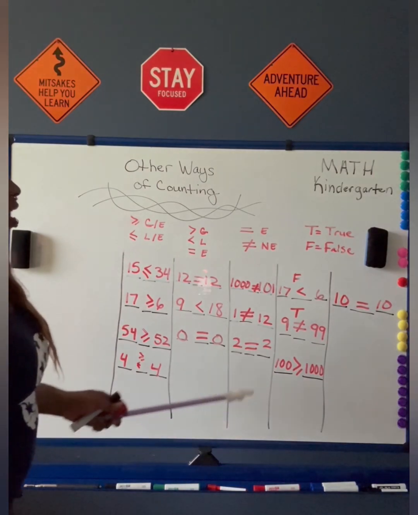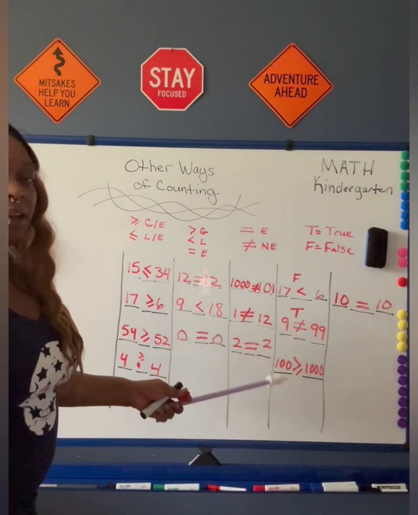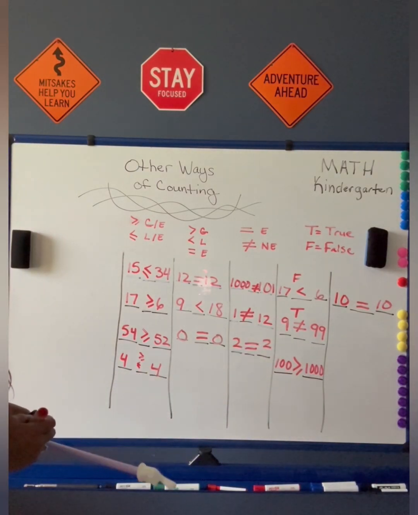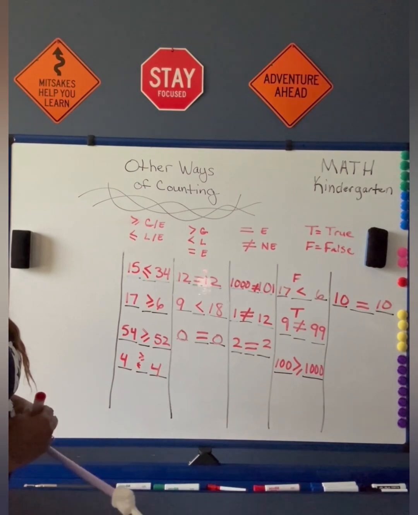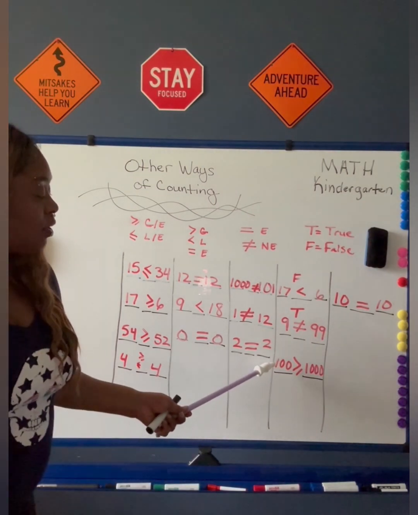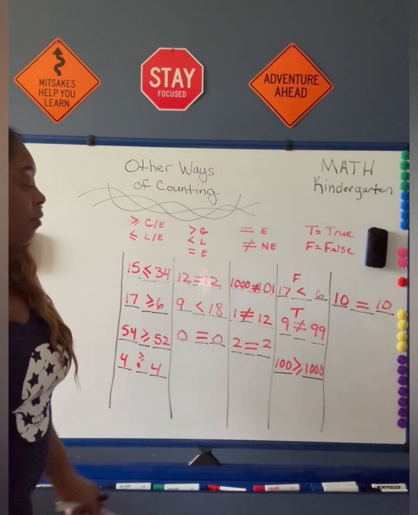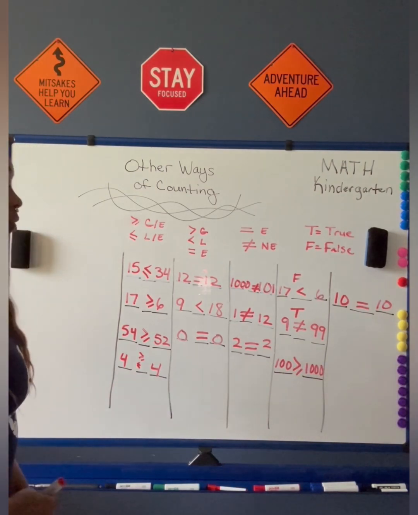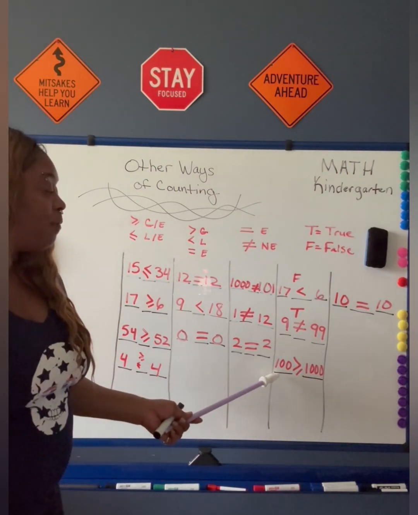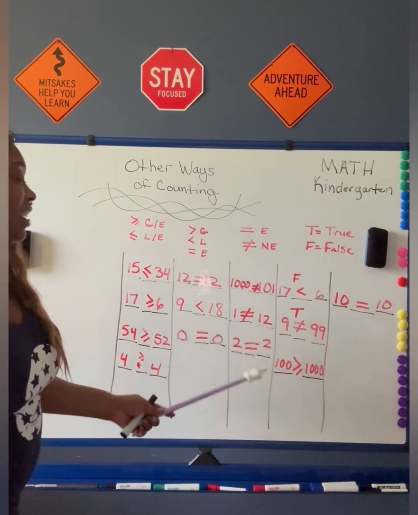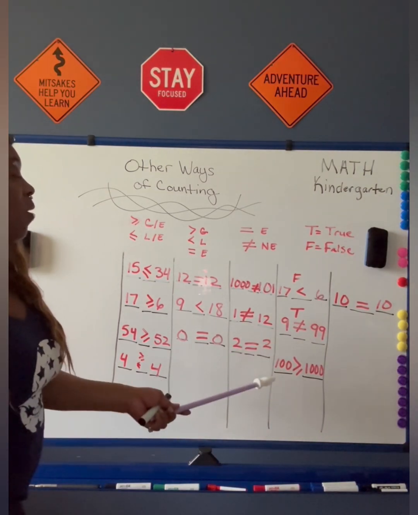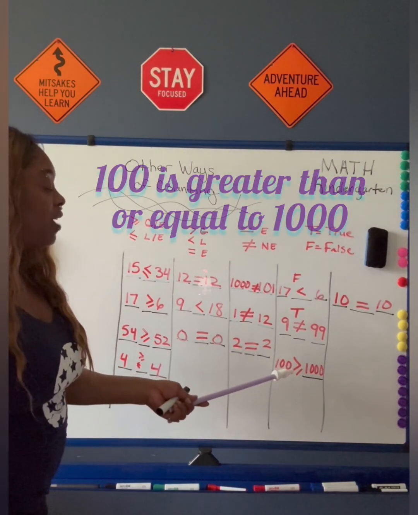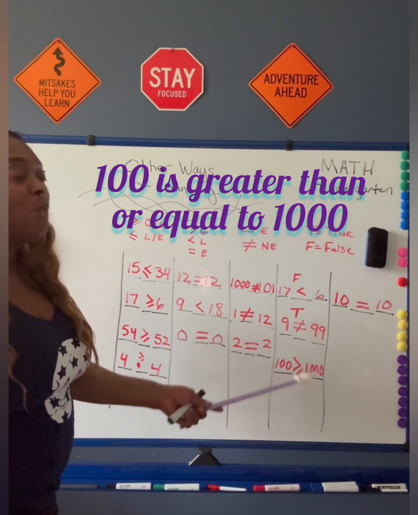Okay. And can you guess what this statement is saying? There's a 1, 0, 0, and there's a 1, 0, 0, 0. That is 100. This is 1,000. This statement is stating 100 is greater than or equal to 1,000.